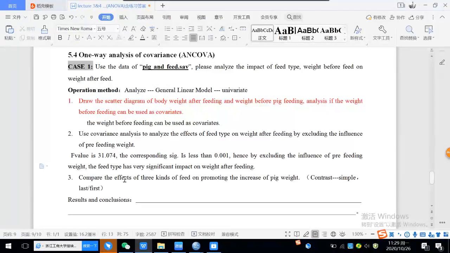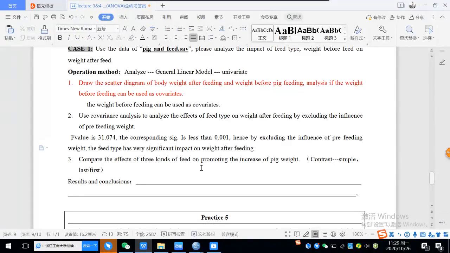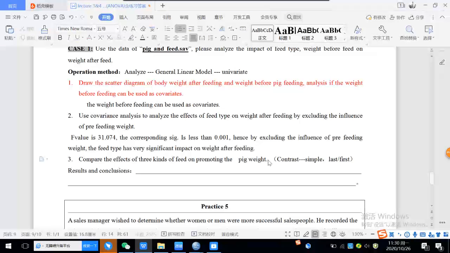Third, since the feed type has a very significant impact on weight after feeding, please compare the effects of 3 kinds of feed on promoting the pig weight.